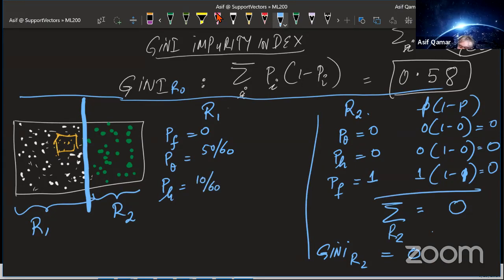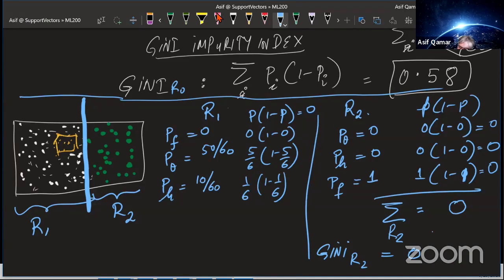And so once again, let's do the p times 1 minus p part. When we do that, 0 times 1 minus 0, 5/6 times 1 minus 5/6, and 1/6 times 1 minus 1/6. The first is equal to 0.